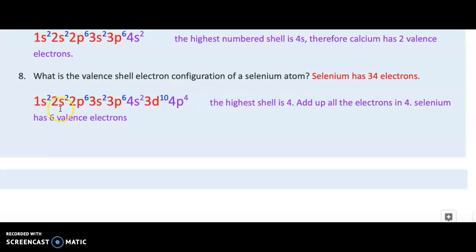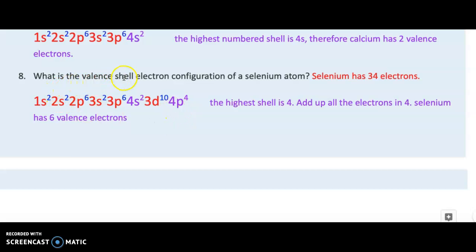First one has 2, second has 2 plus p has 6, then third one has 8, then 4s2, remember. Then you skip 3d10. First goes 4s2, and then you write 3d10, and then you fill up the rest, adding up, and now you know that it has 4 more in the p in the fourth shell.